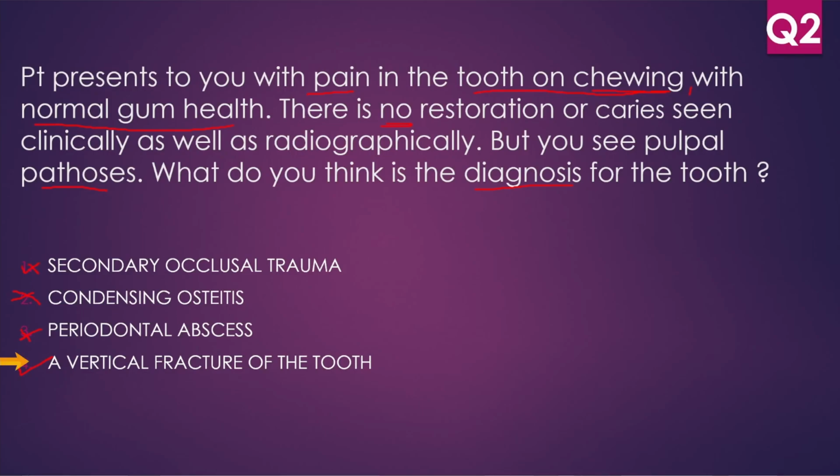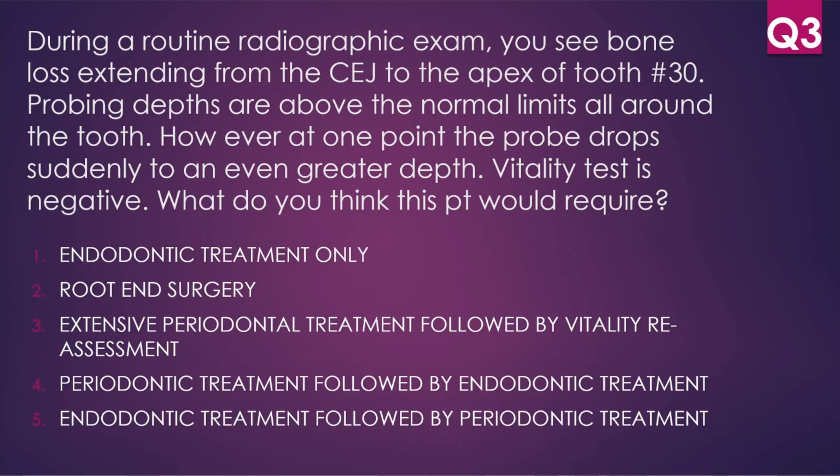The answer is vertical fracture. So let's go to the next question. During a routine radiographic exam, you see bone loss extending from the CEJ to the apex of tooth number 30. This is routine, which means the patient probably did not notice that something was going on, so it is asymptomatic.